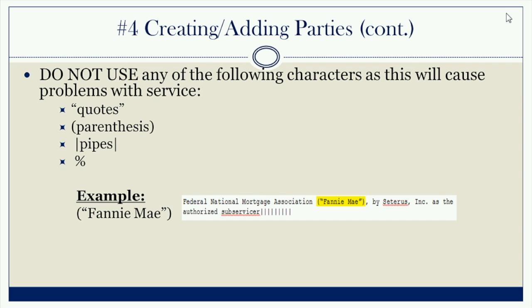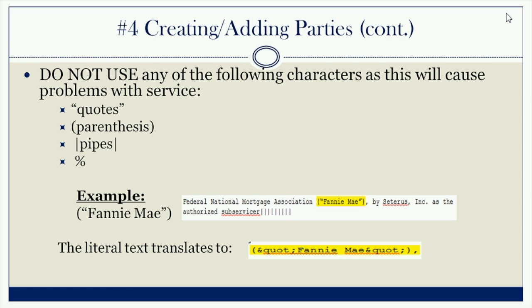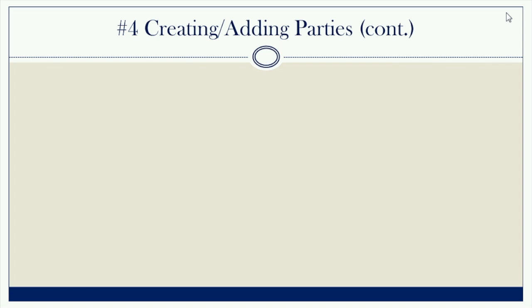These do cause failure in service mainly. The quotes, never use those. Parentheses, and the percentage sign. Those will all cause problems somewhere along the way. An example that we have here is Fannie Mae, which is many times entered with both the quotes and the parentheses.